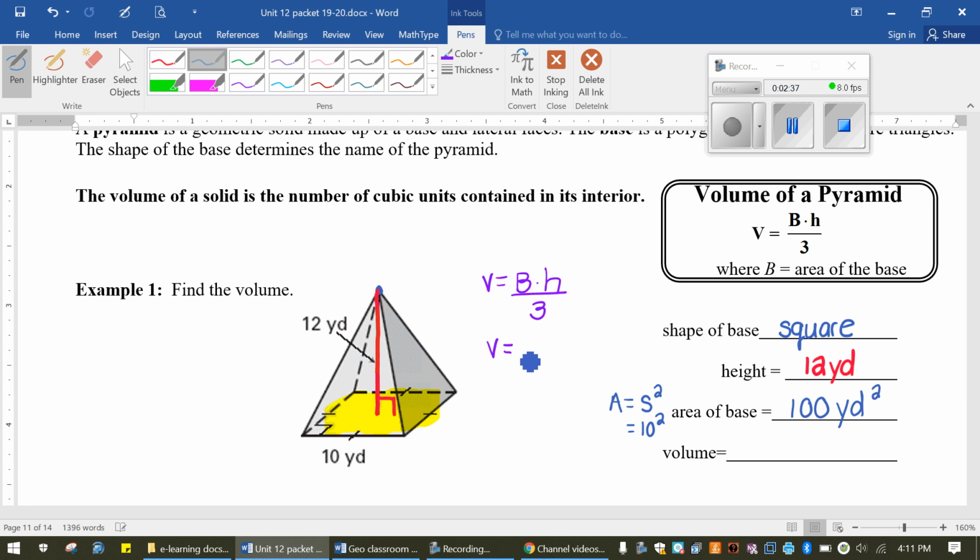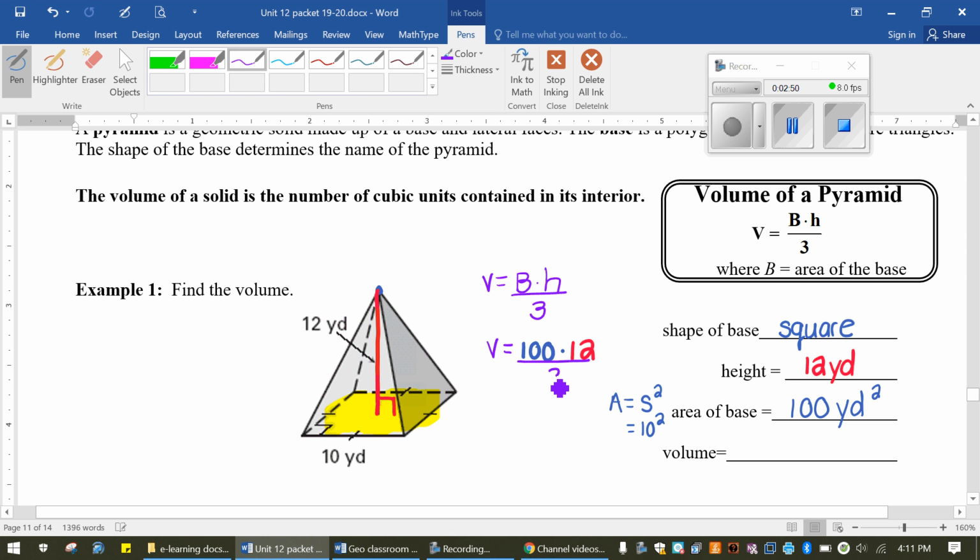The area of the base we found to be 100 yards squared, the height of the pyramid we found to be 12, and then we divide by 3. So 100 times 12 divided by 3 gives us 400 yards cubed.